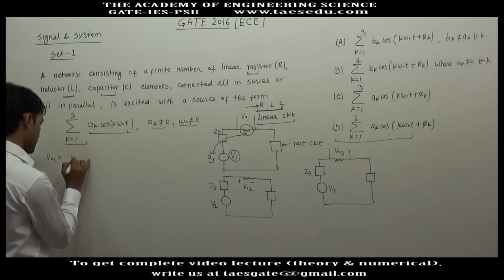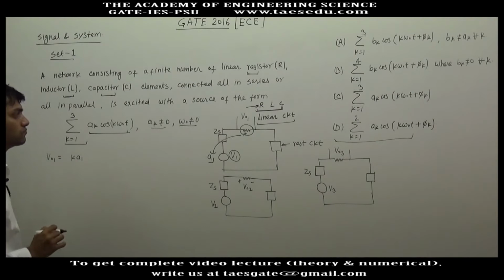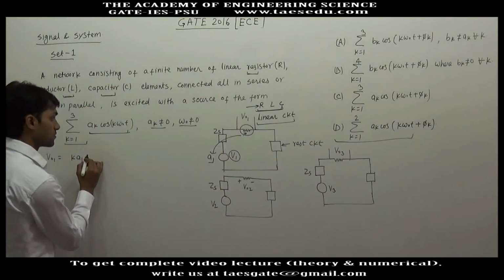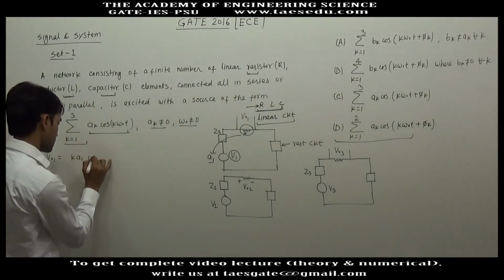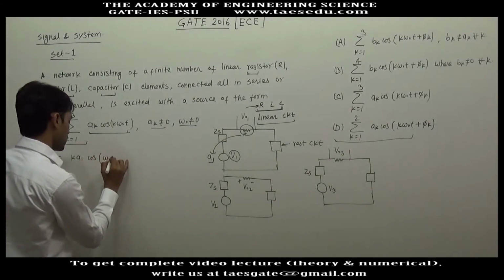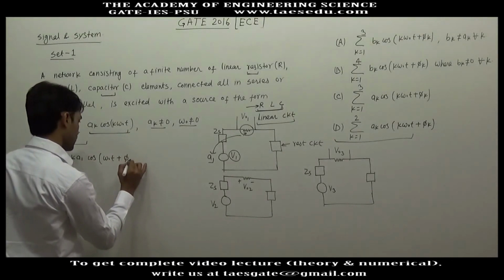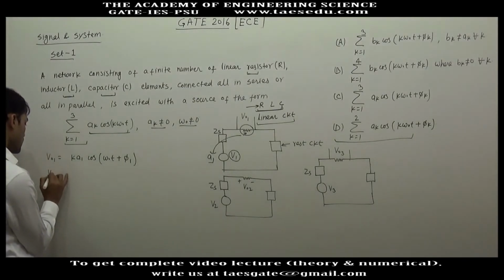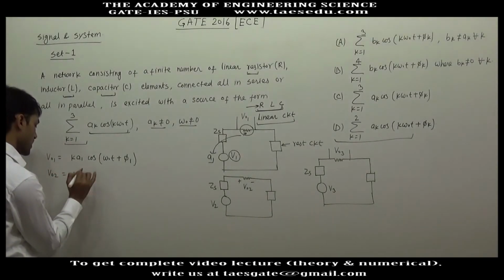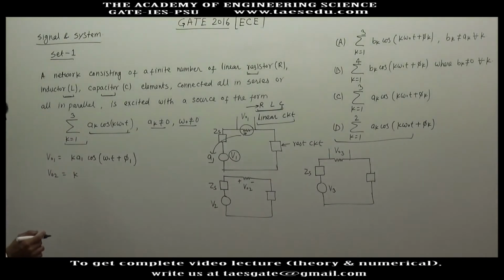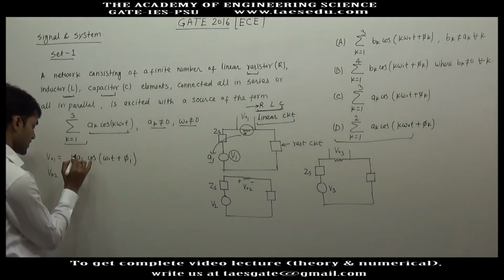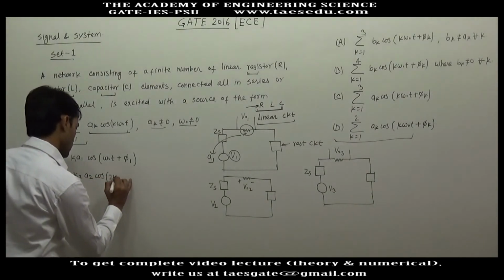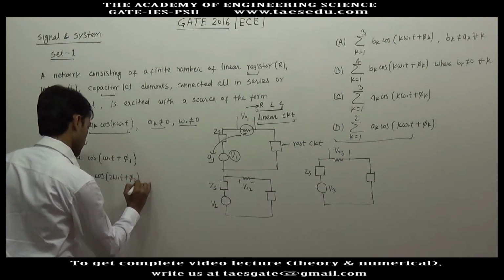So let's write K1 into A1. And due to the RLC circuit, there will be some phase difference. This will be cos omega naught t plus phi 1. Similarly, the output voltage due to V2 will have another constant, K2, times A2 into cos 2 omega naught t plus phi 2.